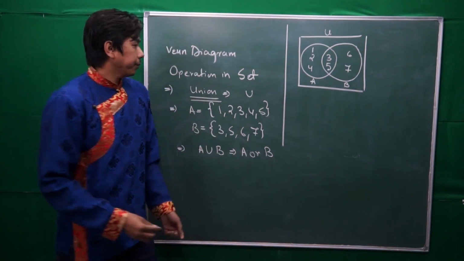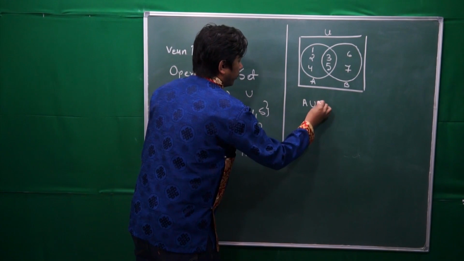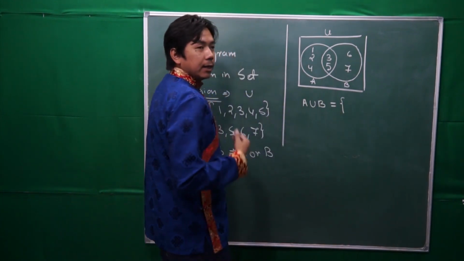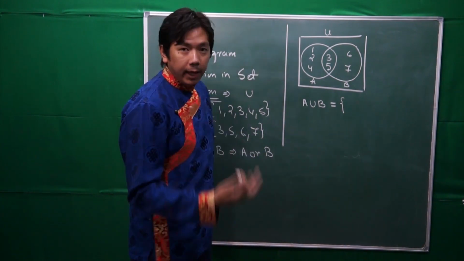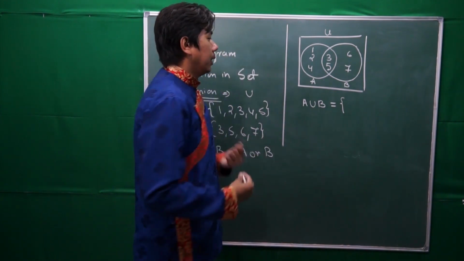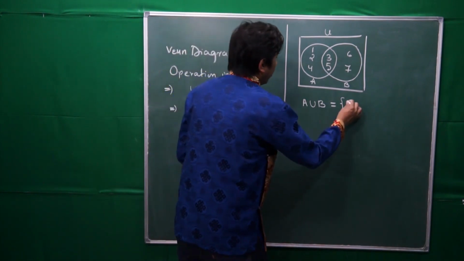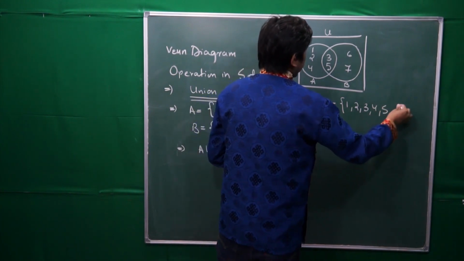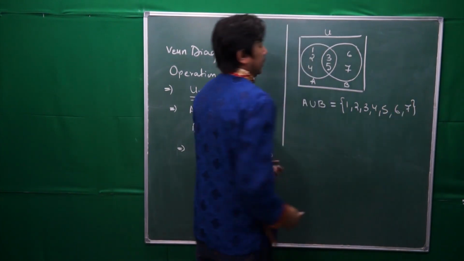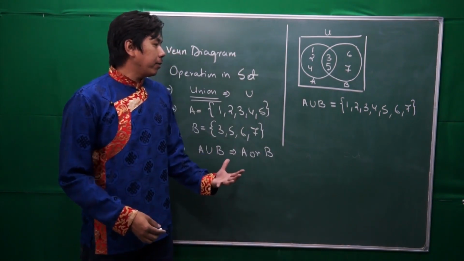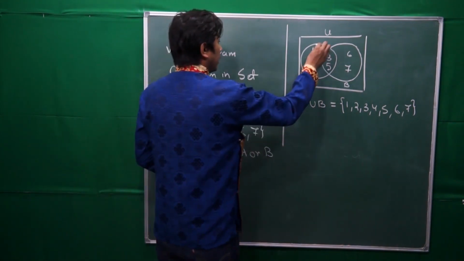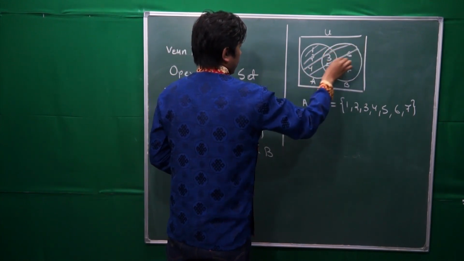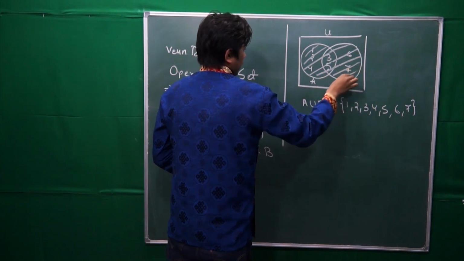So A union B would be a new set combining the elements of A and the elements of B: 1, 2, 3, 4, 5, 6, 7. In the Venn diagram, A union B is this whole region.